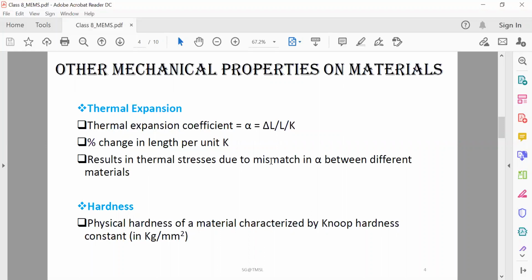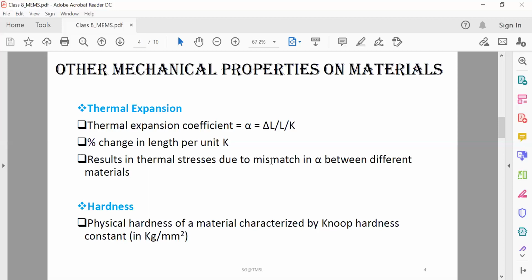Because of that stress, the sensor behavior or sensor output may also change, so you have to keep that in mind. Other than the mechanical stress, there is another stress involved, called thermal stress.